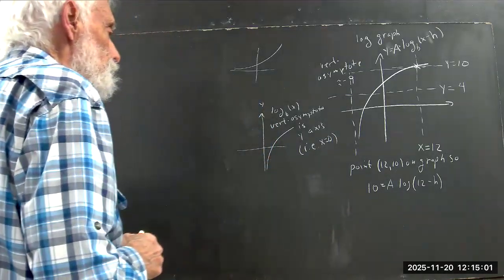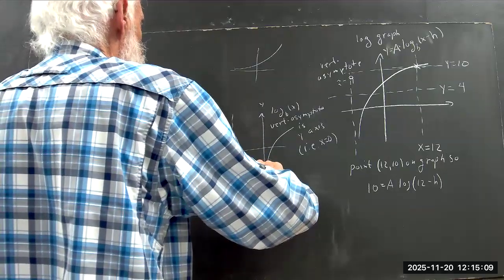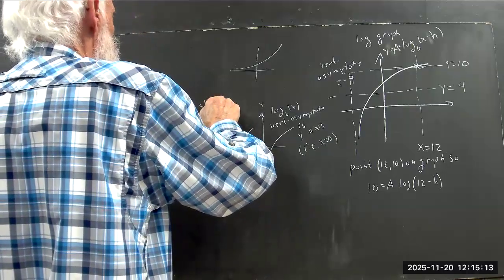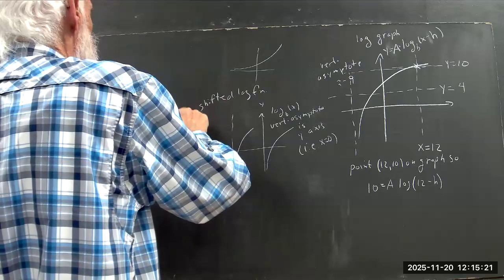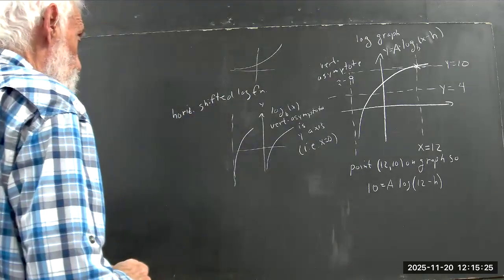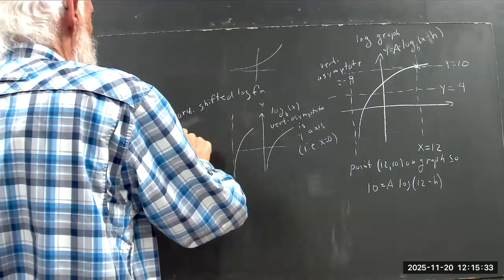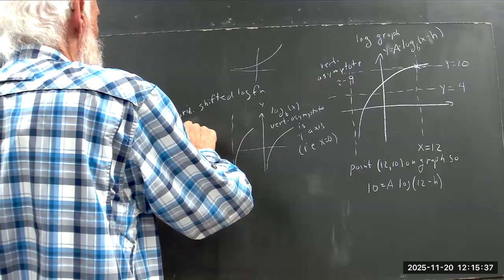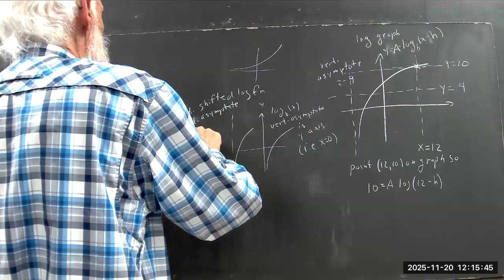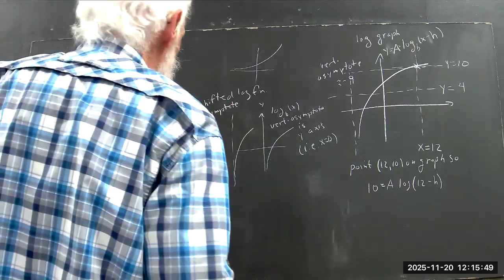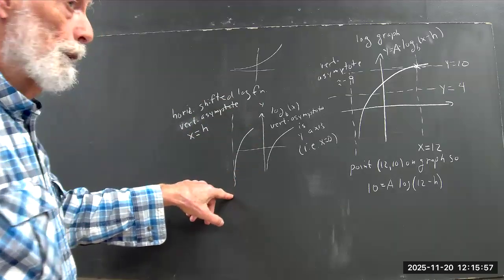Okay, so shifted log function, so your horizontally shifted log function is at x equals h, because the y-axis is shifted to the vertical asymptote.